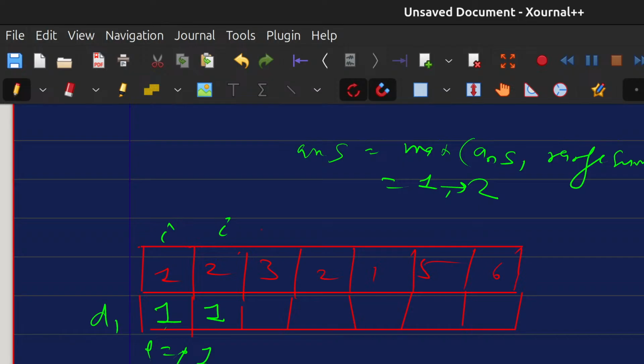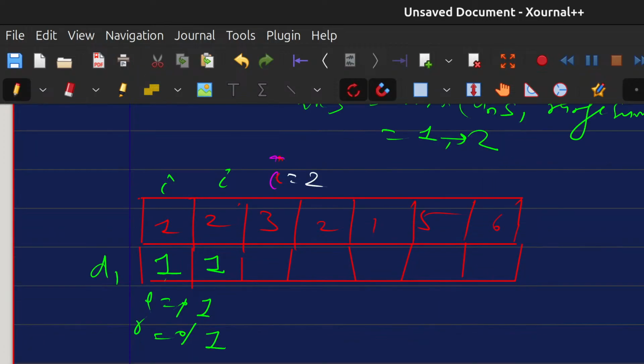Let's say I is here. So I is equal to 2 right now. Is I greater than R? Yes.